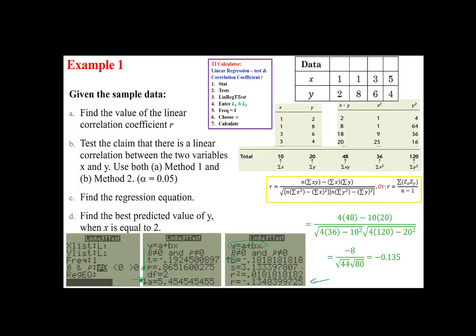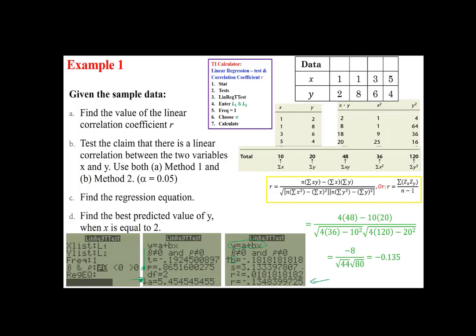If you were to answer part C, you would say y equals a plus bx, where a is 5.4545, let's say just 5.45, plus bx, that means minus 0.1818x. And then to answer part D, simply look at the column y. The sum is 20 divided by 4, and the answer is 5 because you're taking the average.